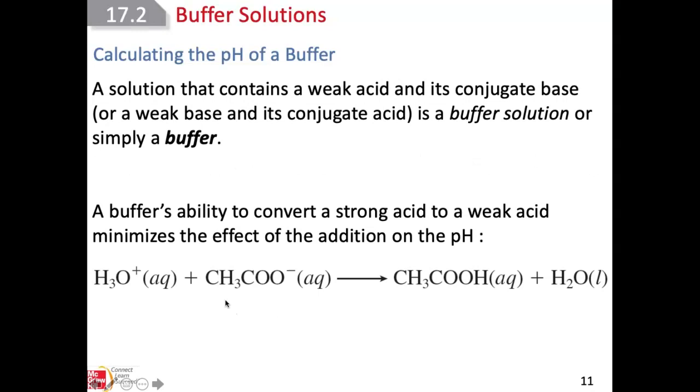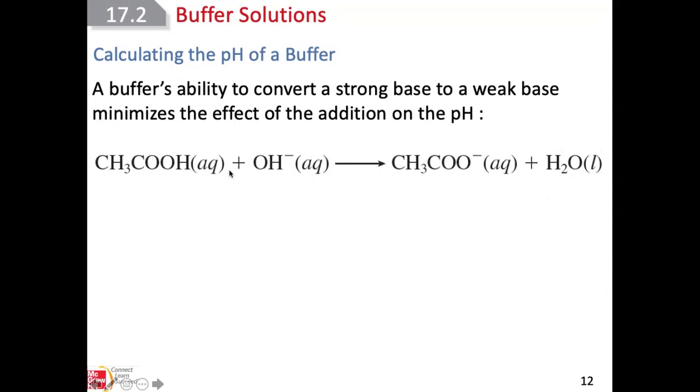If we're adding a strong acid to a solution which has a weak acid and its conjugate base, the strong acid will find the conjugate base and it will react, and that will not change the pH of the solution.